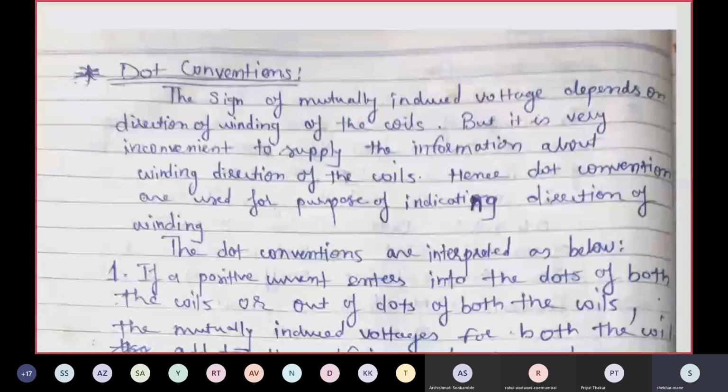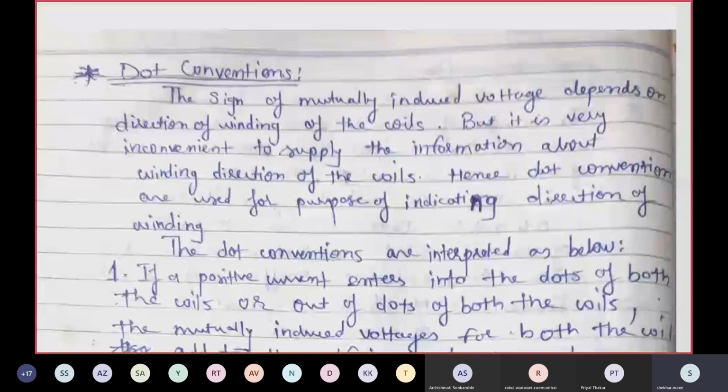Now we have seen in cumulative type of coupling and in differential coupling, the direction of current flowing through the coils are different. In cumulative coupling, the direction of the current flowing through the two coils is same.